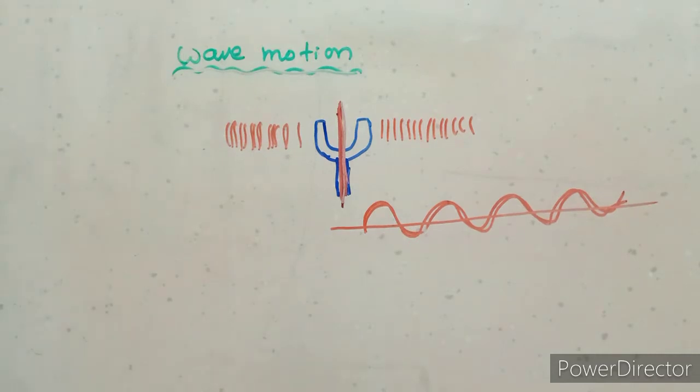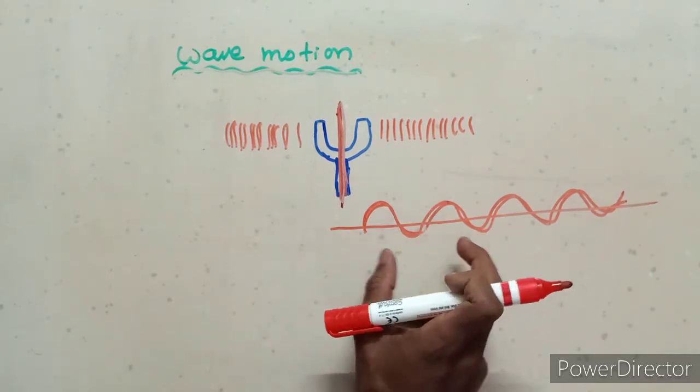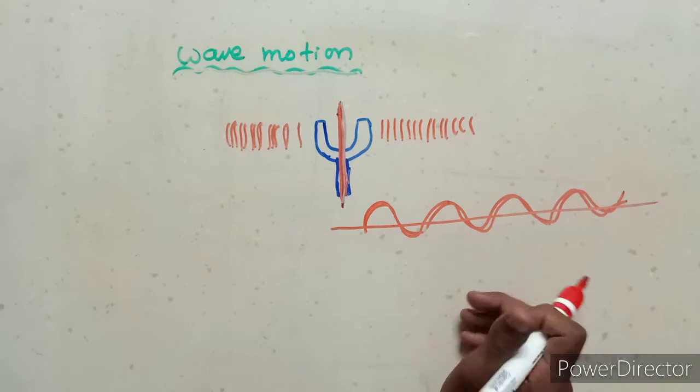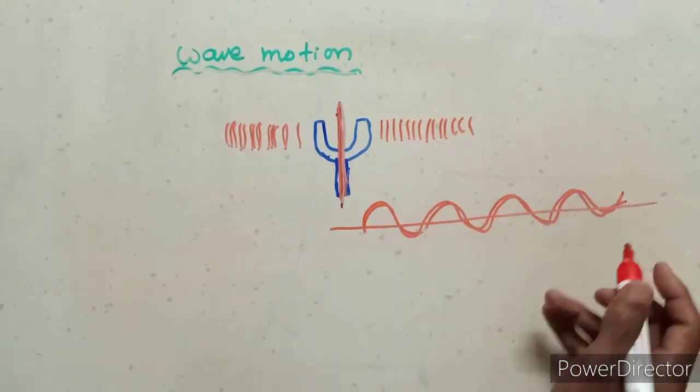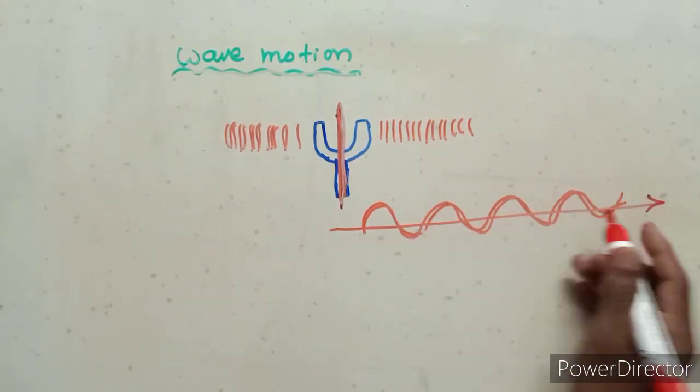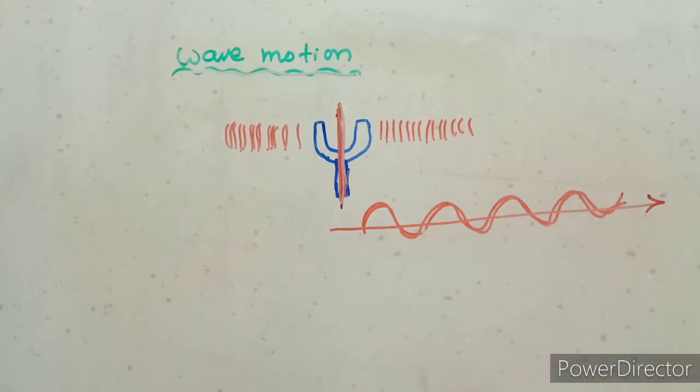If the particles of the medium move up and down about their equilibrium position, perpendicular to the direction of propagation of the wave, it is called a transverse wave.